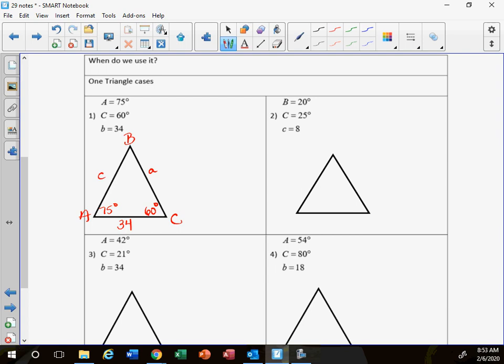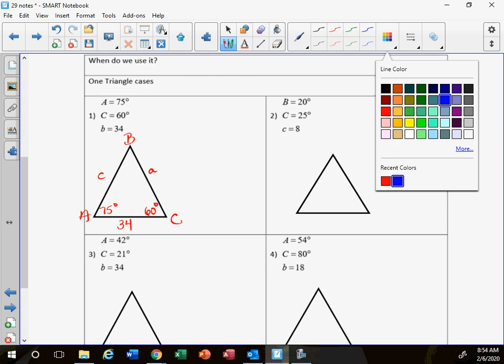Then I'm missing little a and little c. All right, so we need to find these missing values.